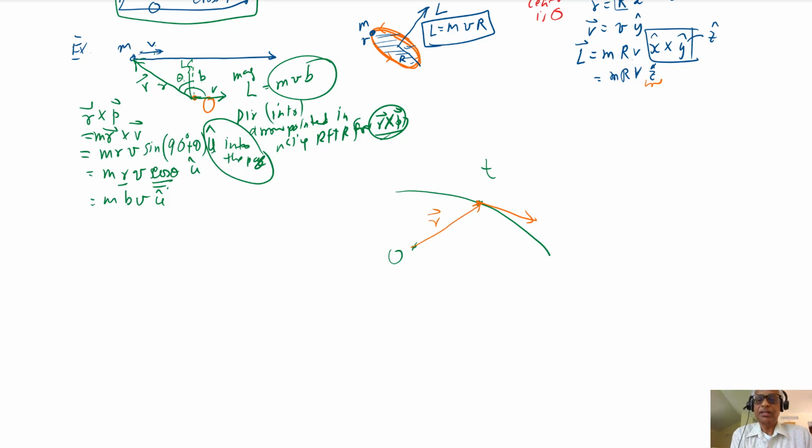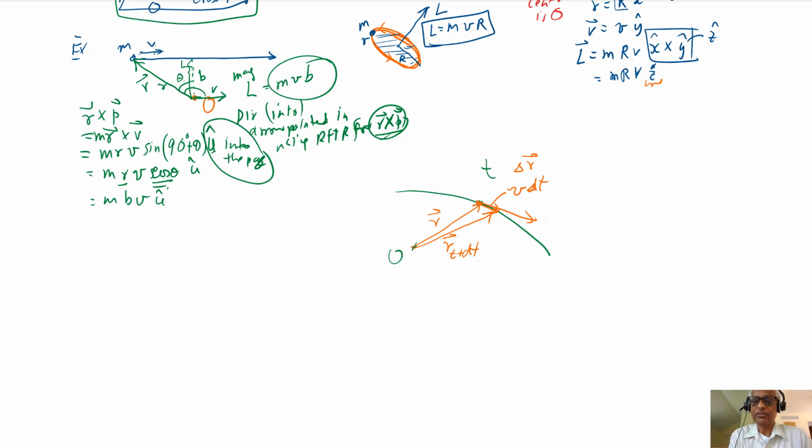At a little bit later time the R will be pointed that way. So this is R at t plus dt, and this has magnitude v dt, and the delta R vector is in that direction.